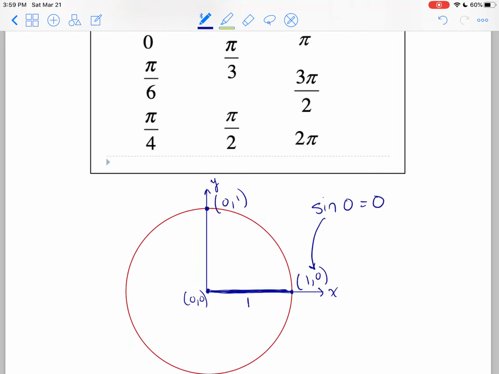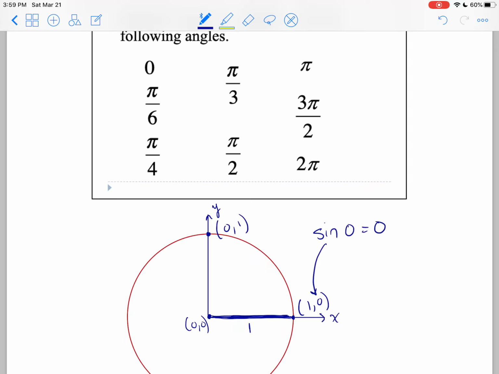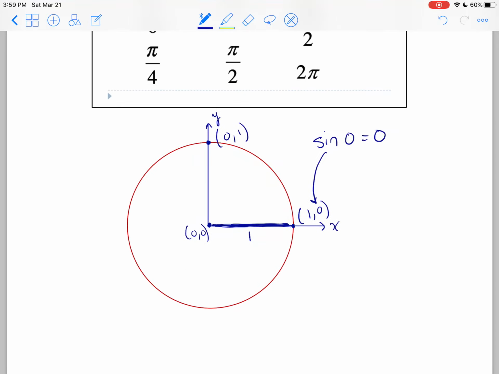Now, I'm going to skip to pi over 2. Okay? Pi over 2 is the same thing as 90 degrees. And so sine of pi over 2 represents the y-coordinate of the point on this red circle when I have an angle of 90 degrees.